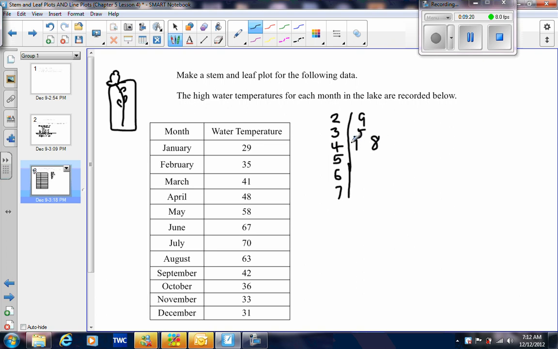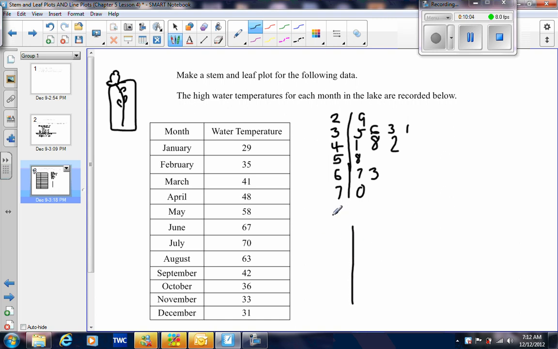This 8 stands for 48. 58, 67, 70, 63, 42, 36, 33, 31. So we have January through December, so that's 12. 1, 2, 3, 4, 5, 6, 7, 8, 9, 10, 11, 12. So I've got them all on here. All right.